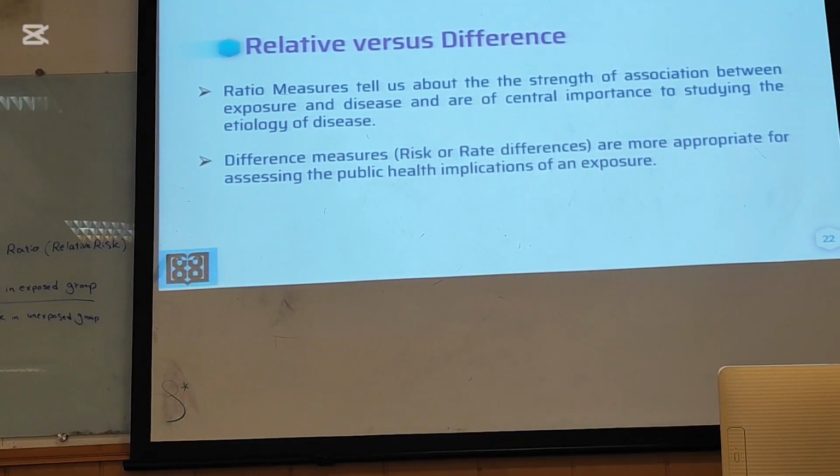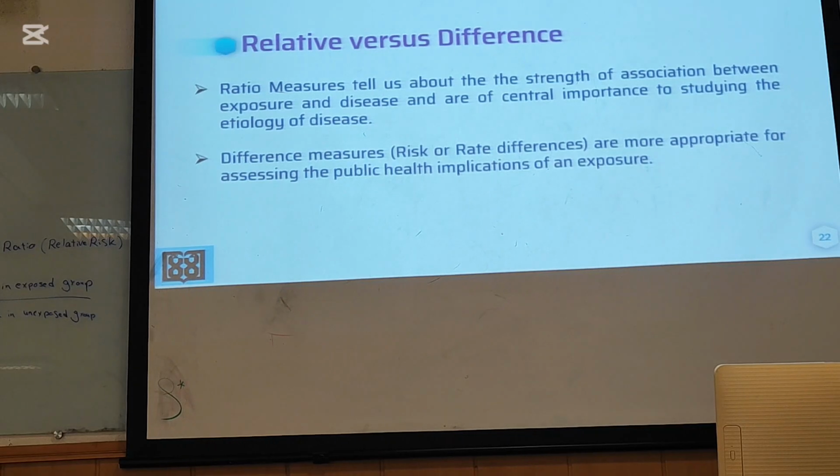Ratio measures tell us about the strength of association between exposure and disease, and are of central importance to studying the etiology of disease. When we want to assess the causation or the risk factors of a specific disease, ratio measures are more important than the difference approach.